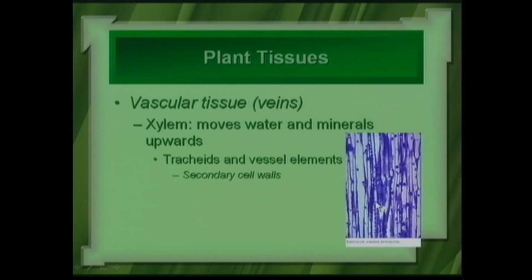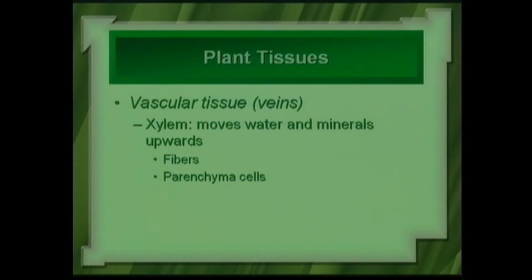And so the main thing to remember is that two of the types of cells in xylem are tracheids and vessel elements. These are the two main kinds of cells specialized just for xylem. So remember that xylem moves water through the plant. It takes up water, moves it through the root, into the stem, into the leaves, and out of the leaves into the atmosphere through the stomata, the stomates.